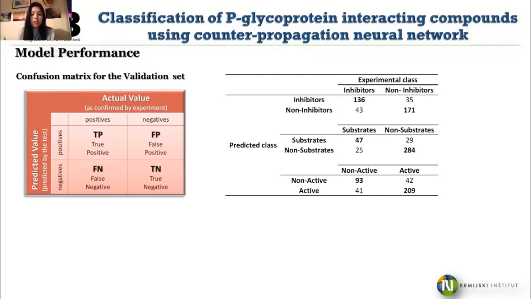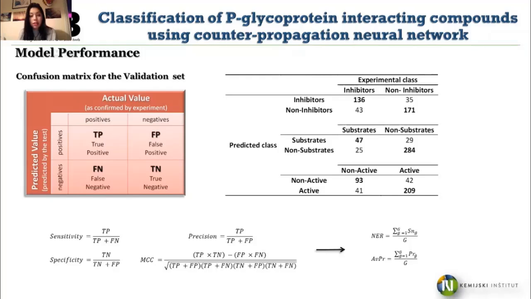This matrix is also known as an error matrix. Each row of this matrix represents the instances in a predicted class, while each column represents the instances in an actual class. From this table, we can calculate other metrics like sensitivity and specificity. And also, based on this, we can calculate the non-error rate and average precision.